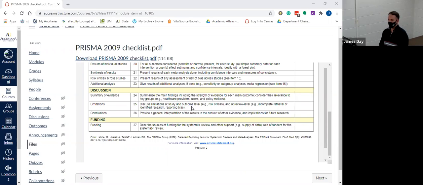Sometimes the recommendations for future research are just to address the limitations, because the limitations are at a point where we have difficulty coming to a strict conclusion.